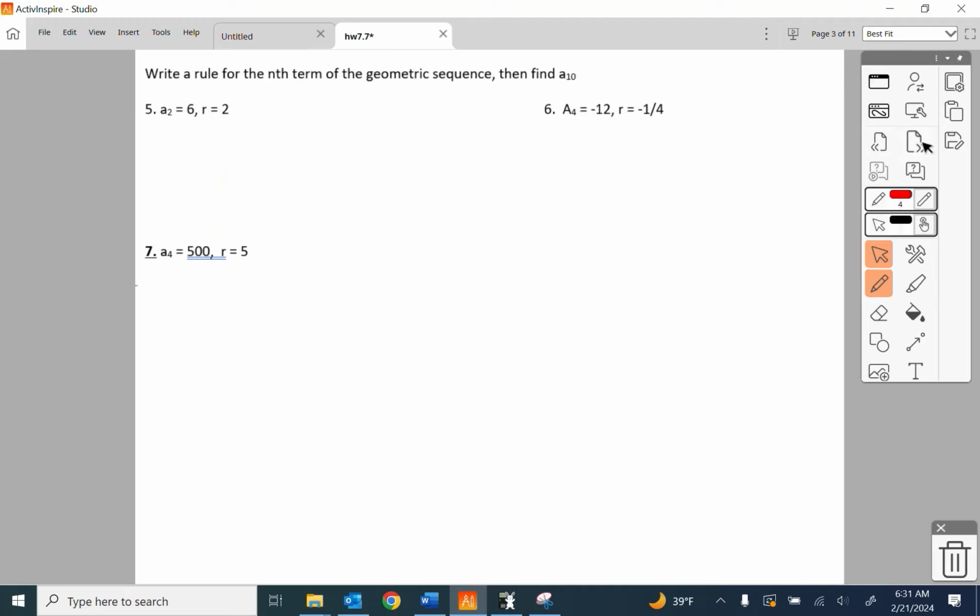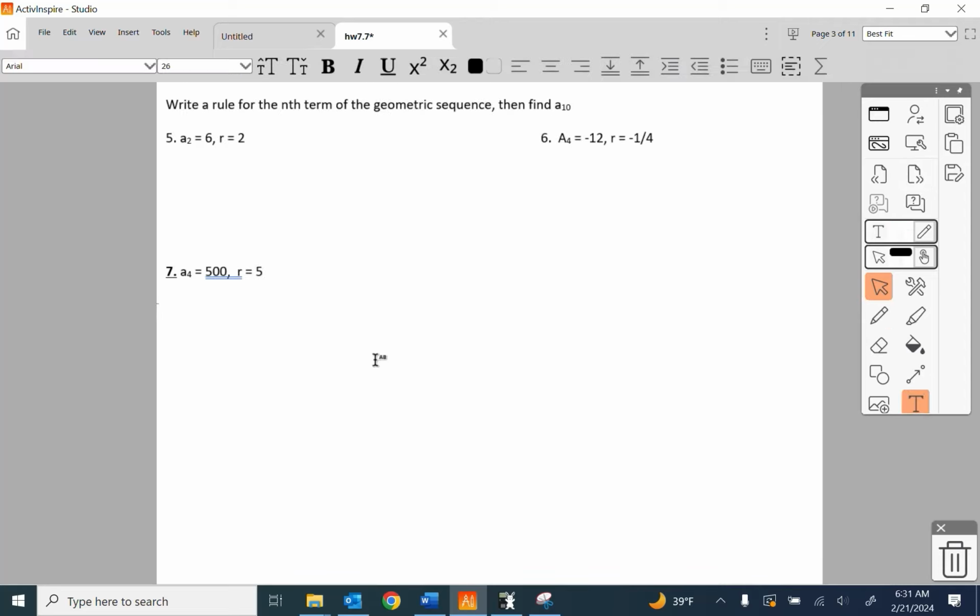All right. Write a rule for the nth term of the geometric sequence, then find a sub 10, and I have number 7 highlighted. So here's what I know. I know that the nth term, since it is geometric, is the first term times the ratio raised to the n minus 1. And I happen to know a sub 4 is 500, and the ratio is 5.